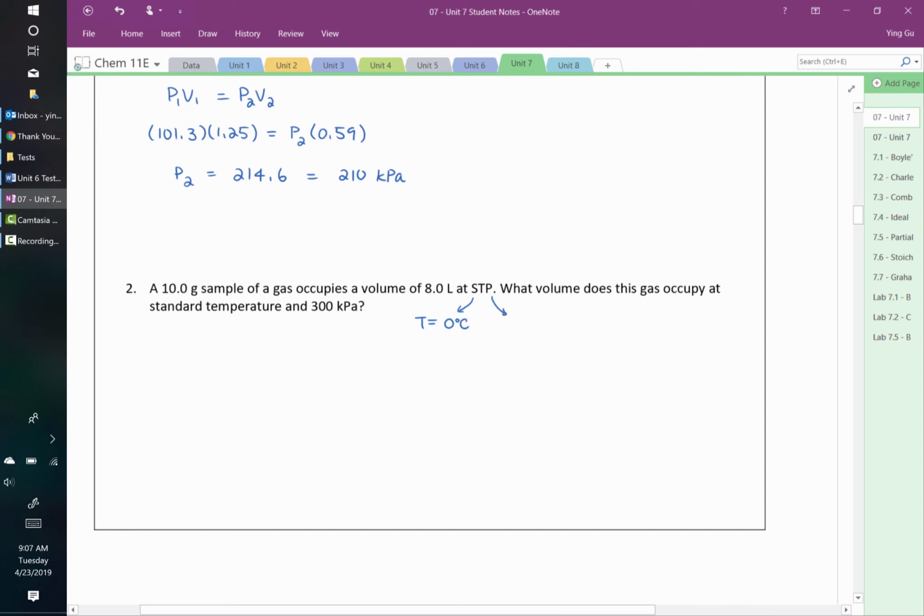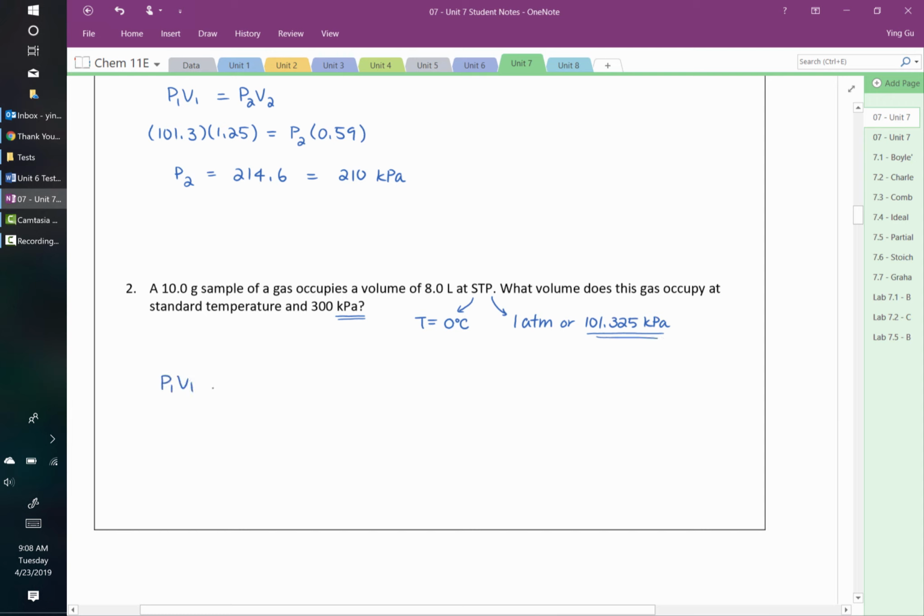And standard pressure is equal to 1 atmosphere or 101.325 kilopascals. Okay. It's the same pressure, just conveyed in different units. In this question, because the second pressure is given to us in kPa, we will go ahead and use the kPa version of the standard pressure.